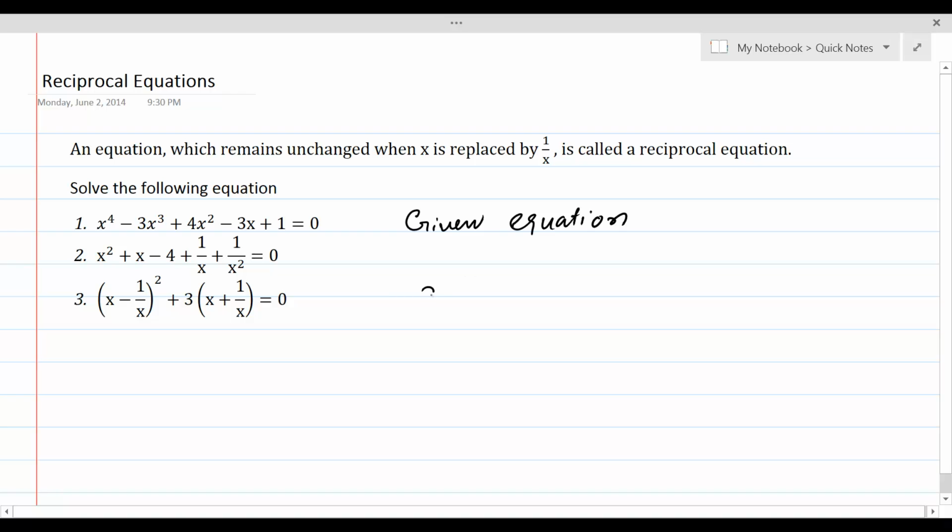is x power 4 minus 3x cube plus 4x square minus 3x plus 1 equal to 0.